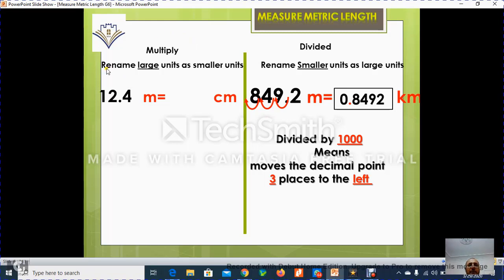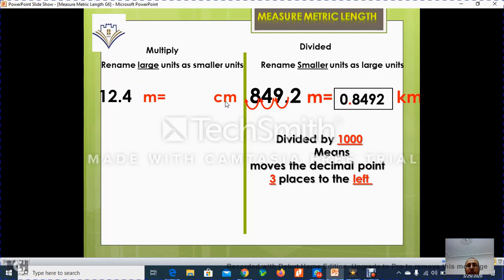And if you need to rename a large unit as a smaller unit, we should multiply. Meter here is the large and centimeter is the smaller. Then if you need to rename from large to small, you should multiply. A meter equals how many centimeters? Equal 100.